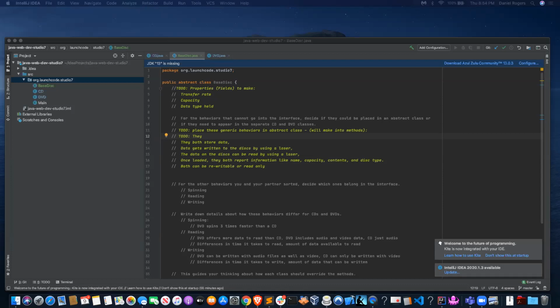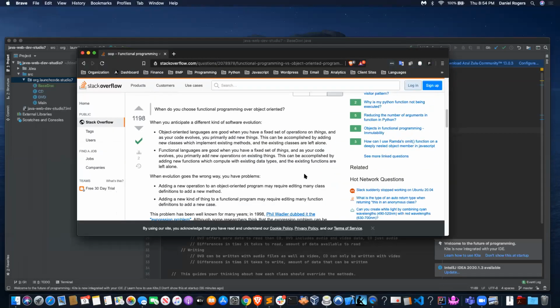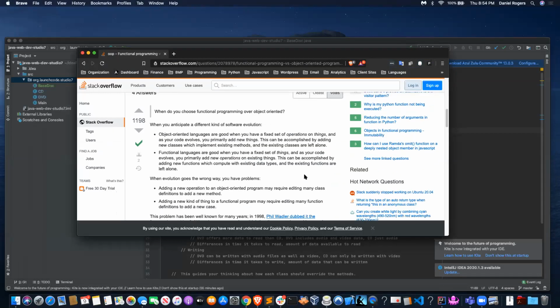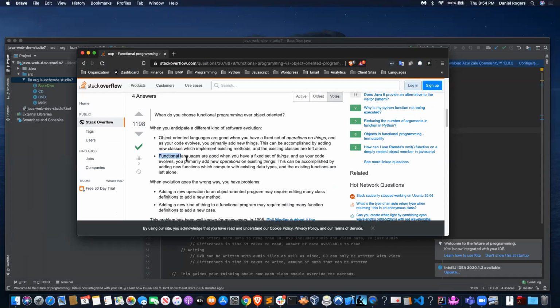Yeah, so here's what someone said. So basically, before I was doing a lot of functional. That's kind of how these WordPress themes were designed. You're kind of just adding new operations on existing things.